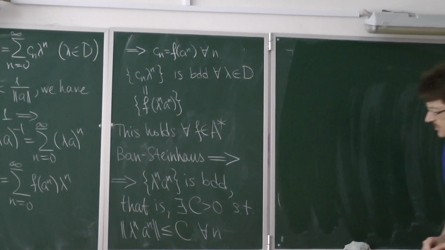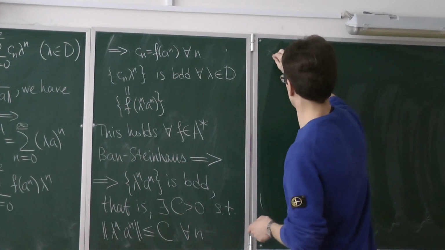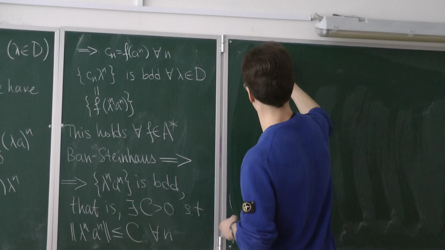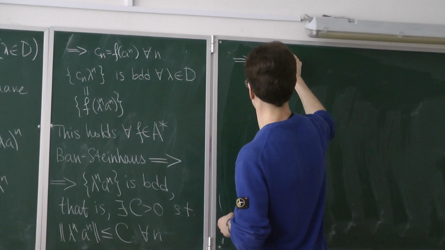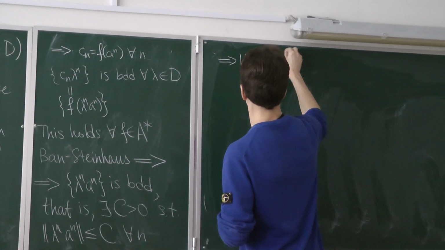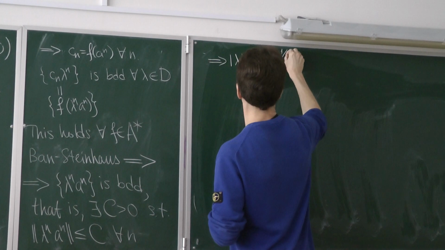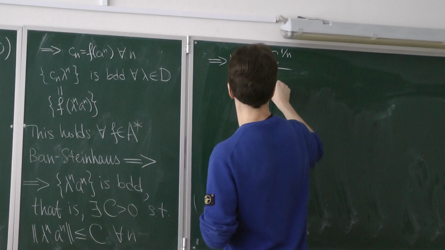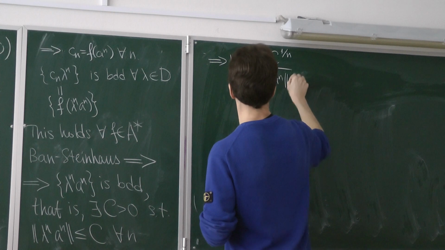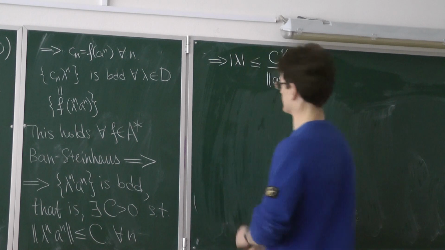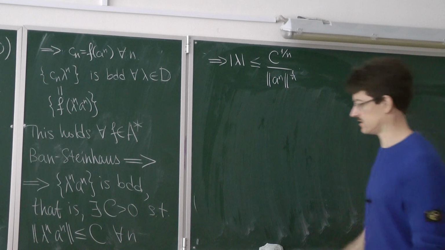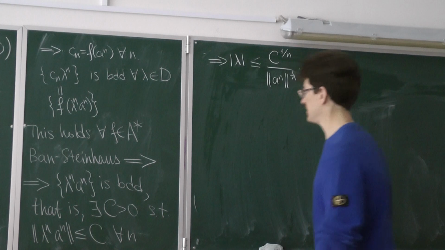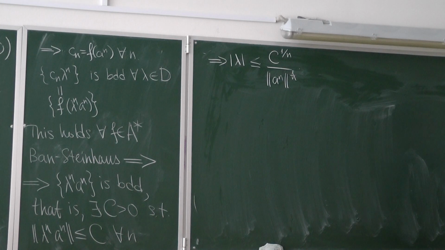Okay, so this can be written in the following equivalent form. So the absolute value of lambda is less than or equal to C to the power 1 over n divided by the following. So we just divide by the norm of A to the power n and then take the nth root of both sides.